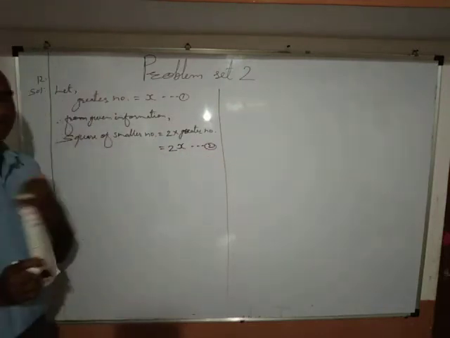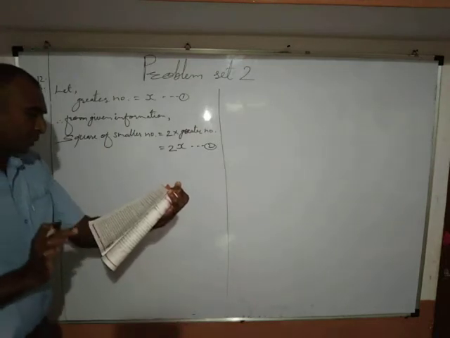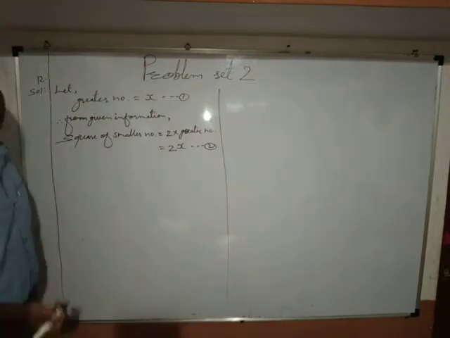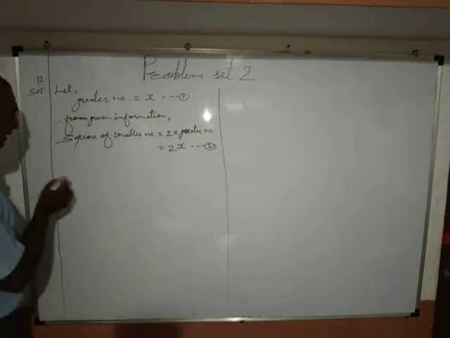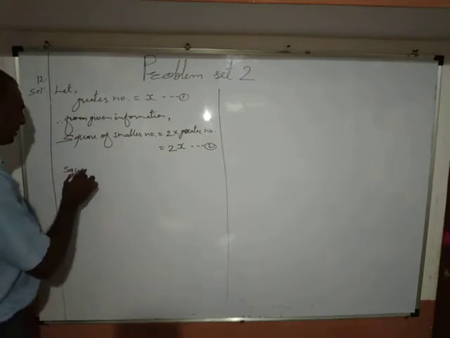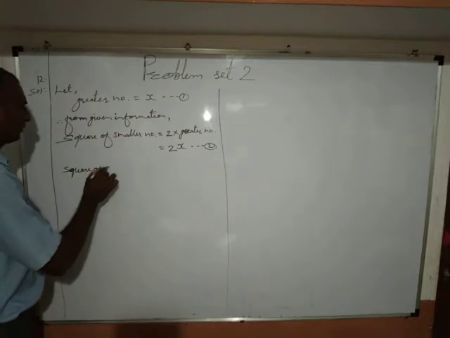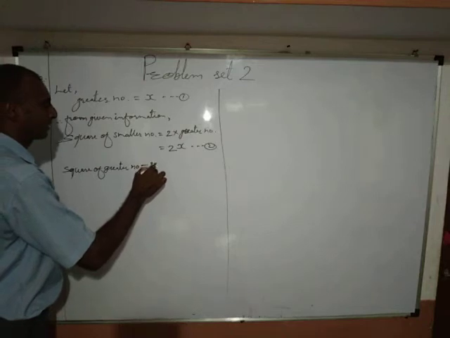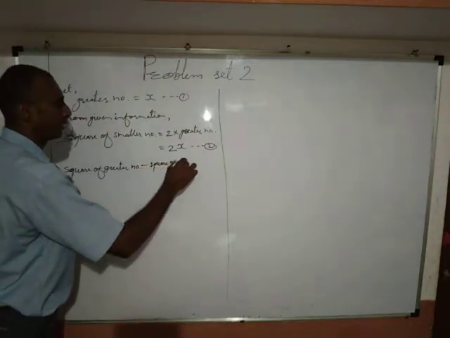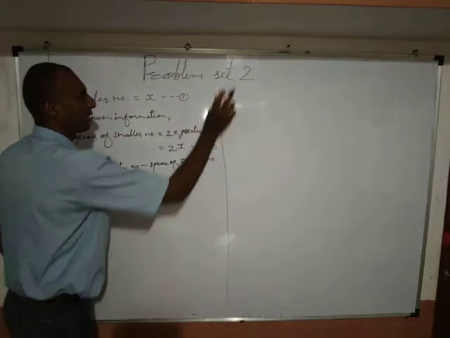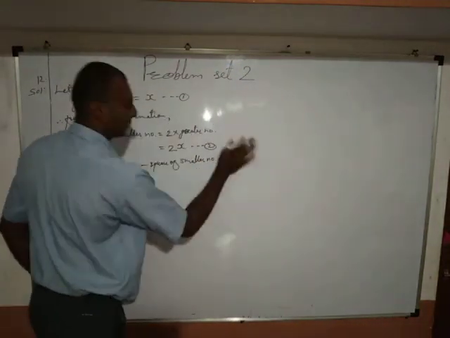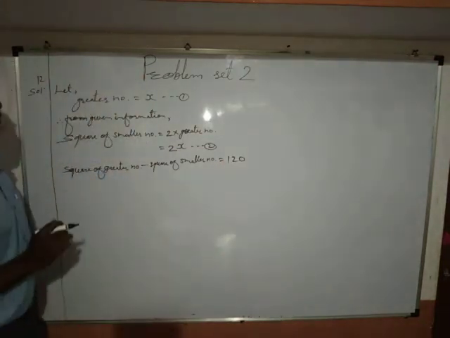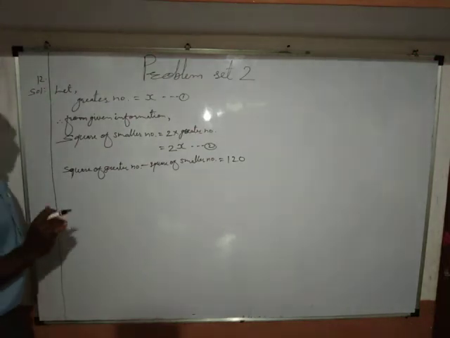Moreover, it tells us the difference between the squares of two numbers is 120. Obviously, the square of the greater number will be greater than the square of the smaller number. That's why we may write the square of the greater number minus the square of the smaller number equals 120, because the difference between the squares of those numbers is 120.